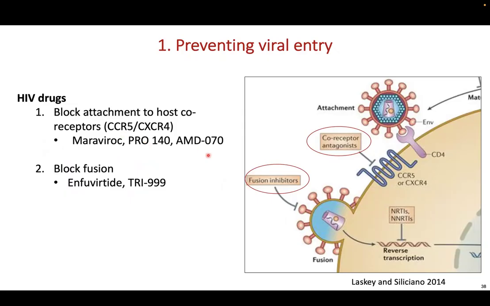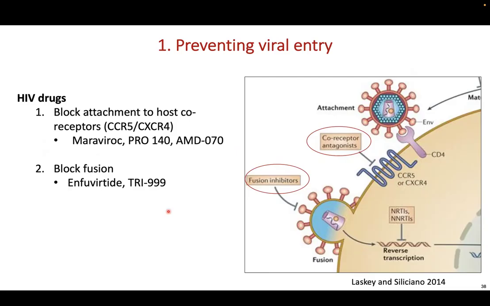Under normal circumstances, the HIV virus recognizes the antigen and is supposed to bind to this CCR5 co-receptor. What these HIV drugs do is come in and block this receptor, preventing the virus from attaching to it.